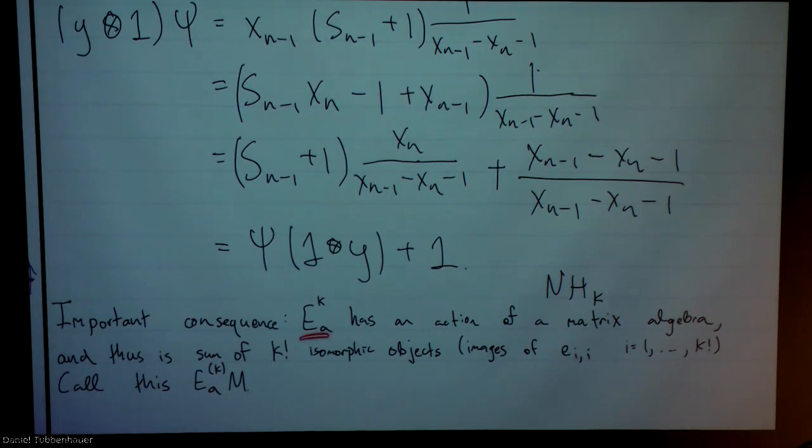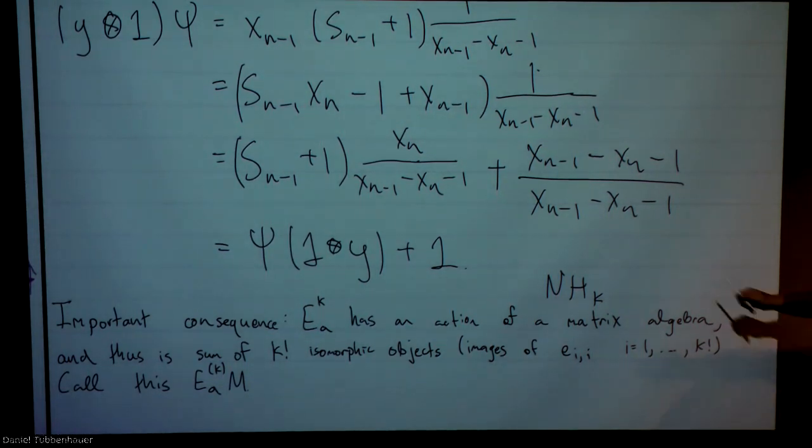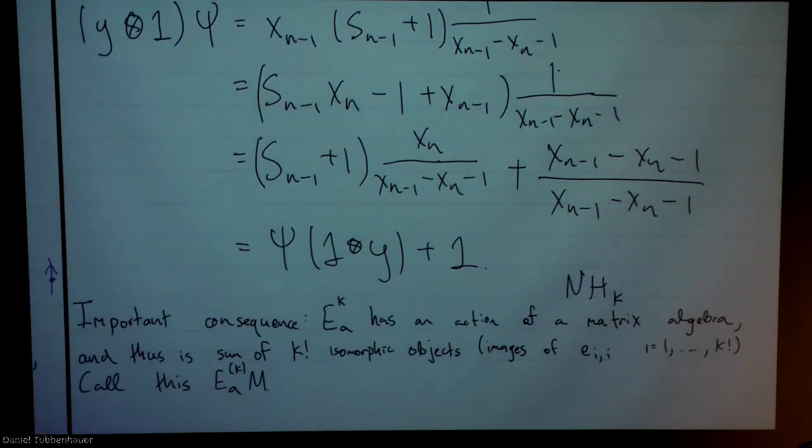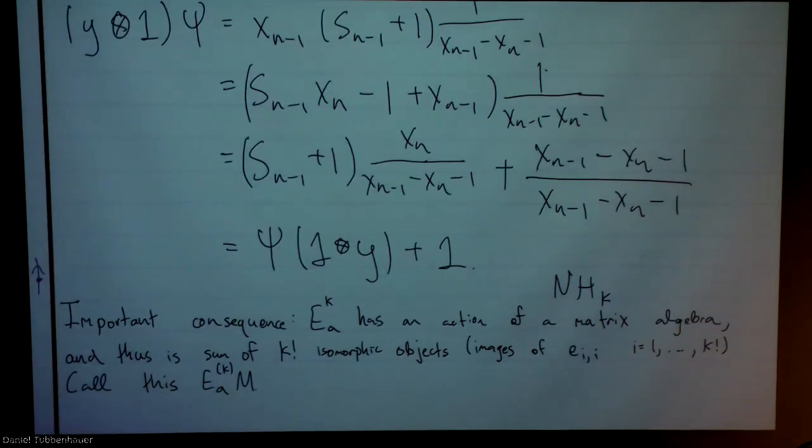So this power is actually the sum of k factorial isomorphic objects. I can take the image of one of these, which gives me a subfunctor, and this is what we call the divided power functor. We use round brackets, E^(k). This is the divided power.